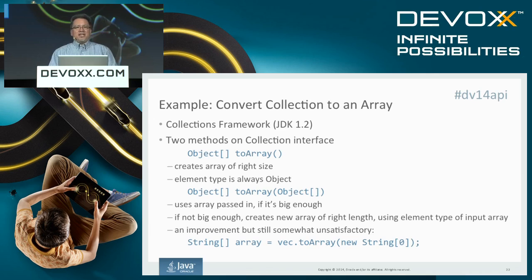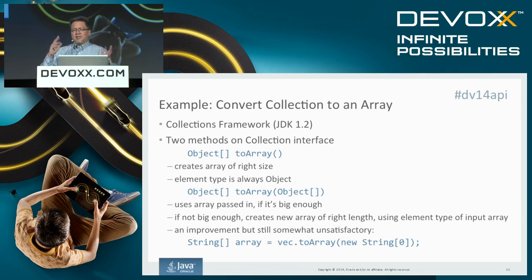So the somewhat idiomatic usage for converting a collection to an array of a specific type is to pass in an array of the right type of length 0. That way the collection is always going to create, presumably if the collection is non-empty, an array of exactly the right type and exactly the right length, and then return that.